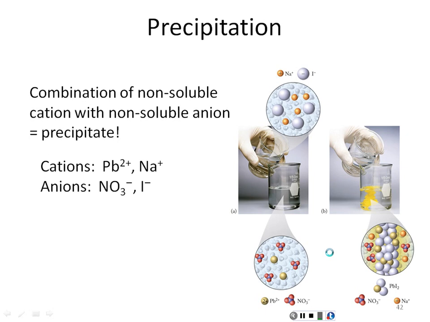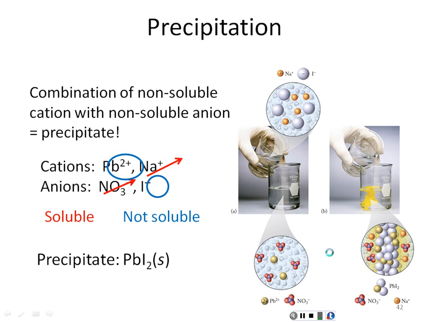So what cations do we have? We have lead 2+, sodium+, and anions nitrate, NO3-, and iodide, I-. Nitrates and group 1A metals like sodium are always going to be soluble. What isn't soluble would be lead 2+ and the halide I-. So that's where the precipitate PbI2 comes from.